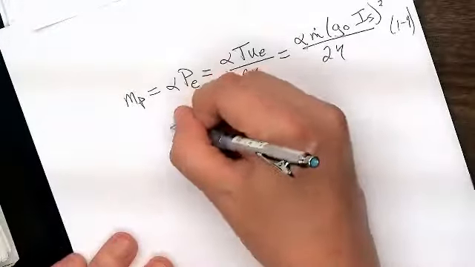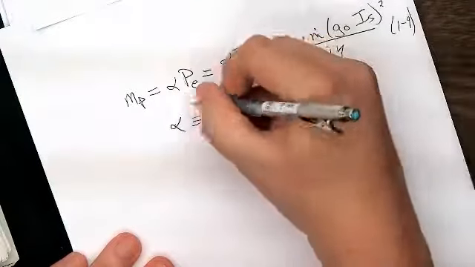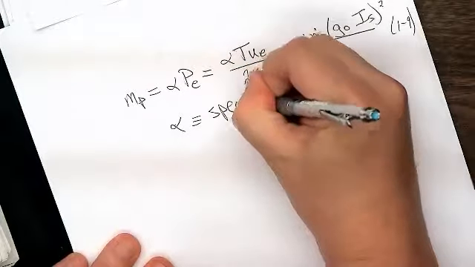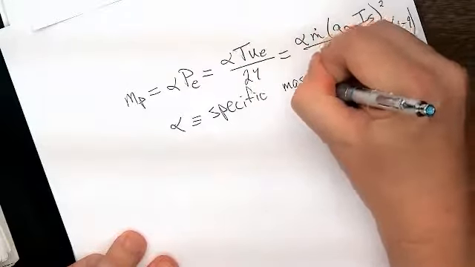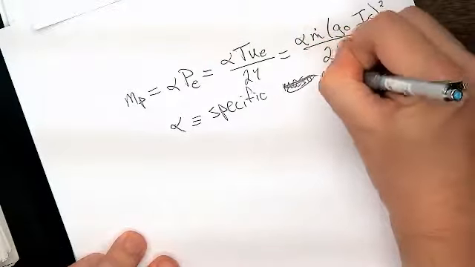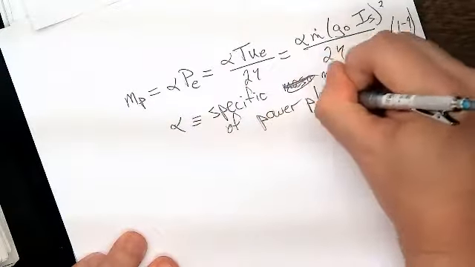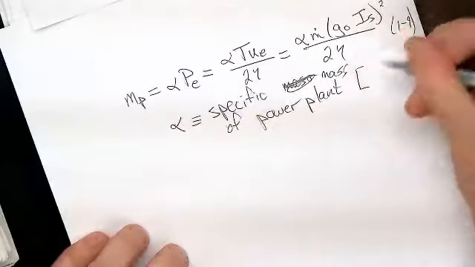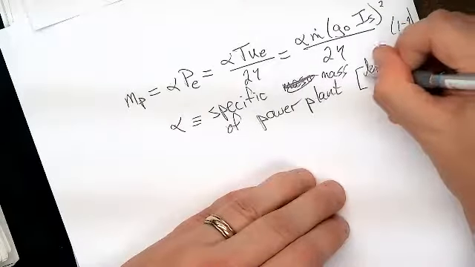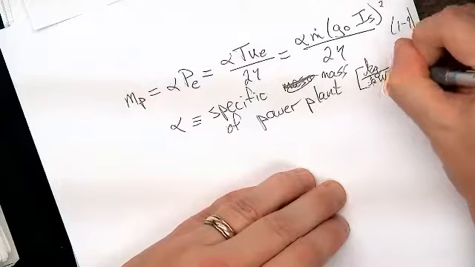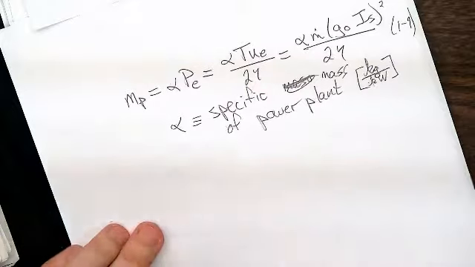Where here we have that this alpha is defined as the specific mass of the power plant. And typically what you will see for units of this would be kilograms per kilowatt.